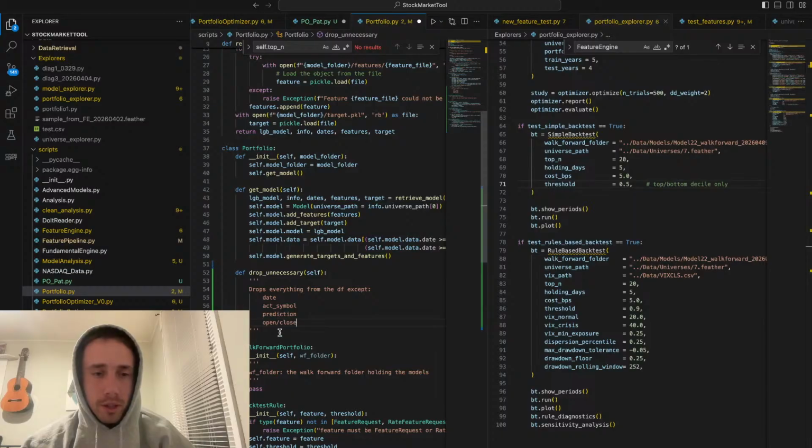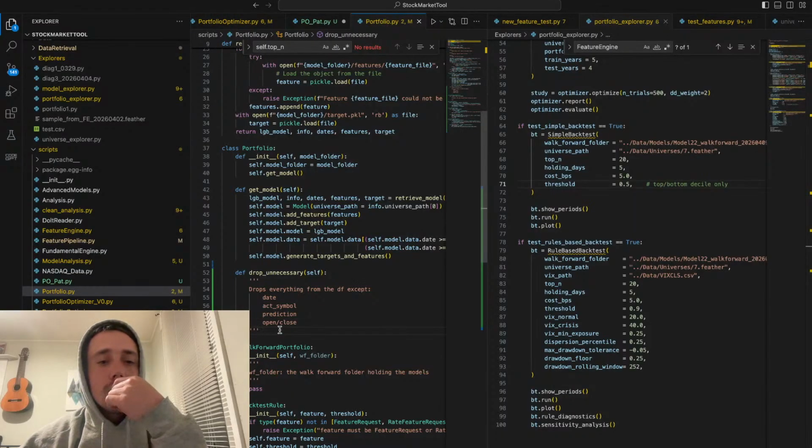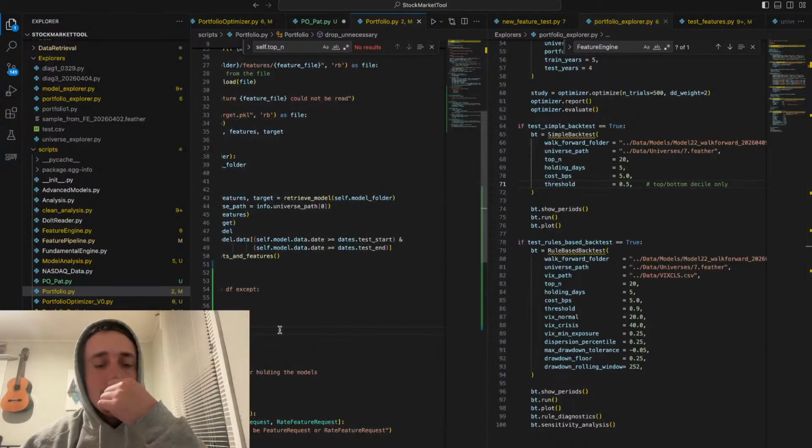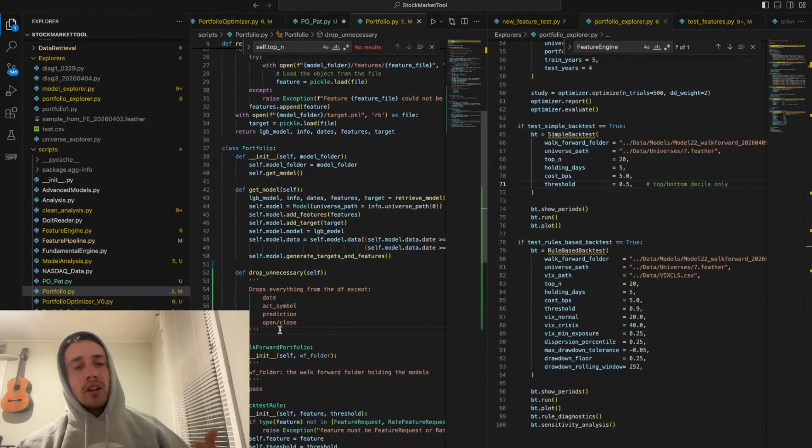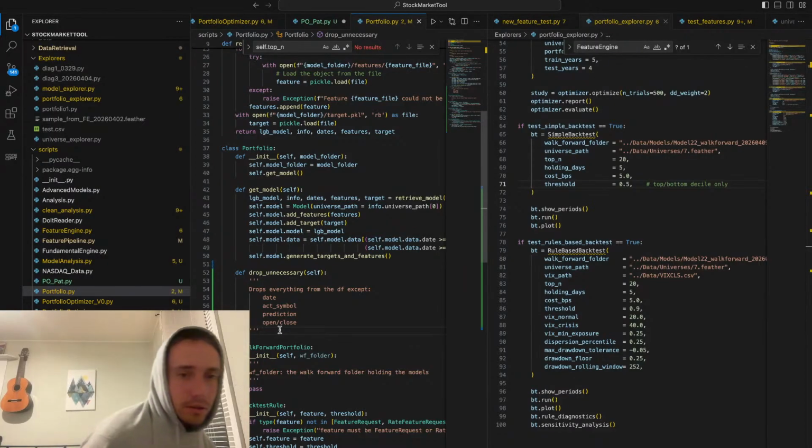I actually only want to keep the open and close, so that I generate targets and features.